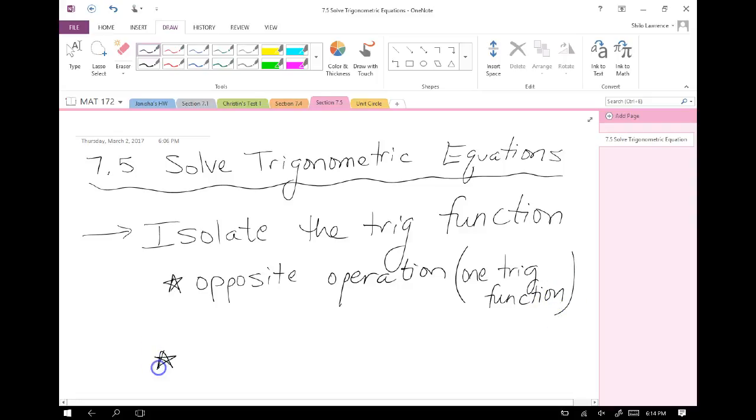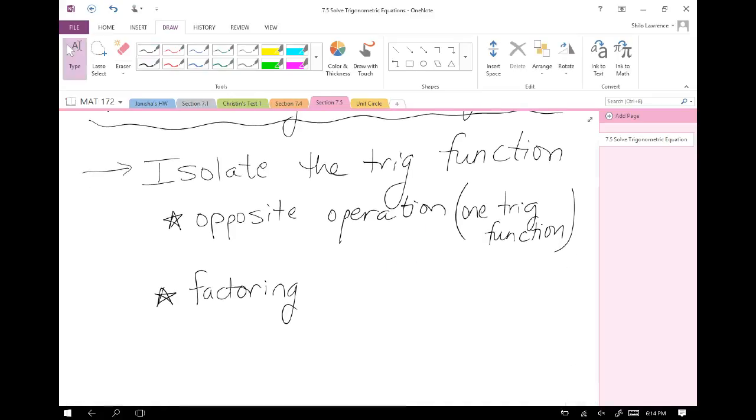If there is more than one trig function, we may have to do some factoring before we can isolate and use opposite operations. So when you think of factoring, you should be thinking of your quadratic equations and how we solve quadratic equations. So these are usually going to have two or possibly more trig functions.